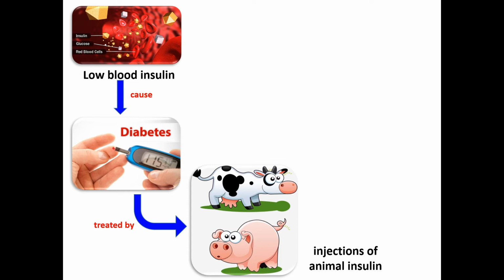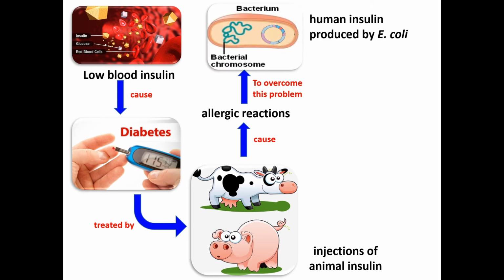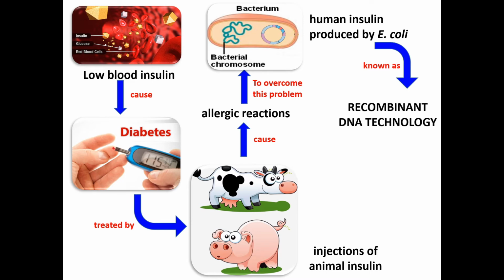And also, repeated injection of animal insulin may cause allergic reaction. So to overcome this problem, the insulin is produced using bacteria such as E. coli. And this technique is known as recombinant DNA technology.